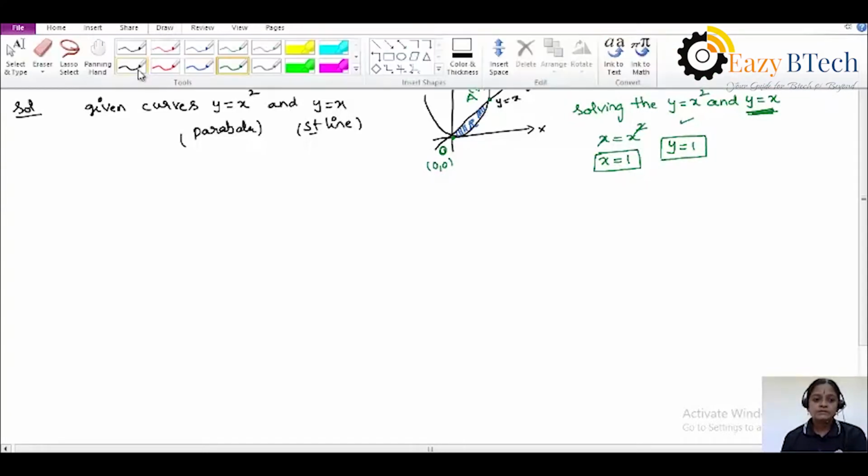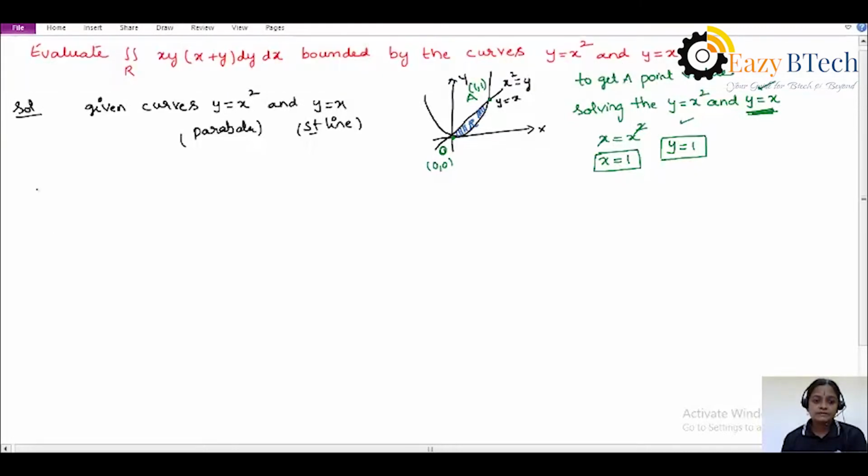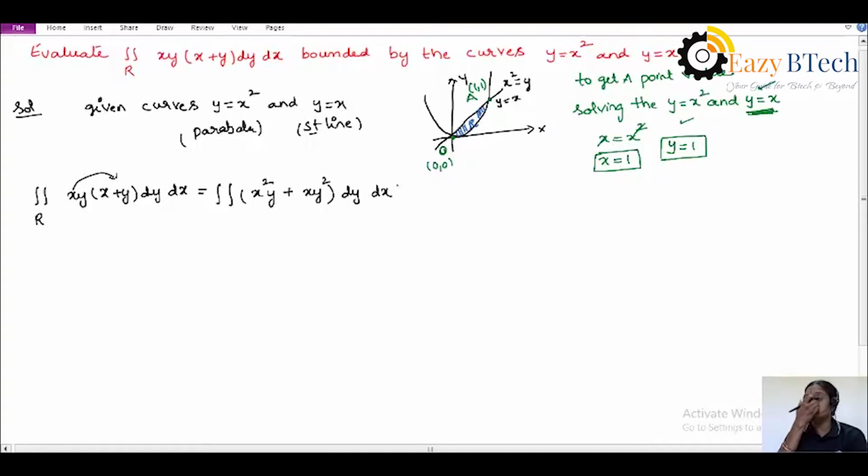Now doing the integration: the double integral of xy(x + y) dy dx is equal to the double integral of x²y + xy² dy dx, multiplying xy into both terms. To do the integration we need limits.